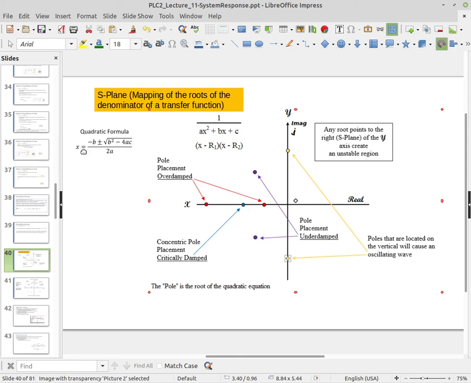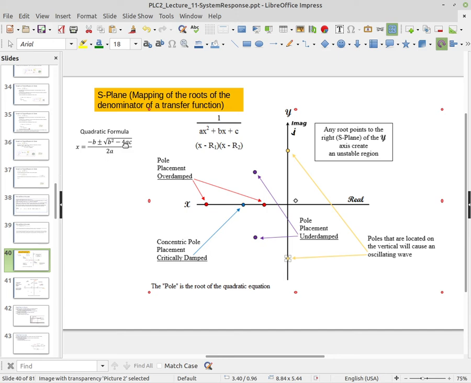And if the a term is 1, which is what we typically do on our transfer functions, we arrange it so that that term's a 1. But the b term, we have the b term here, and then the c term.